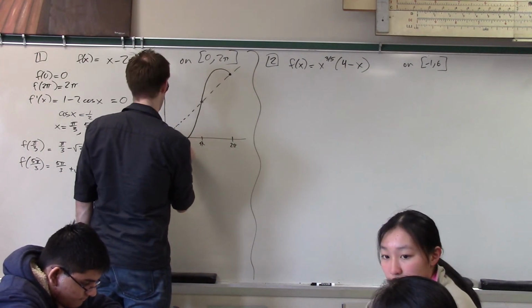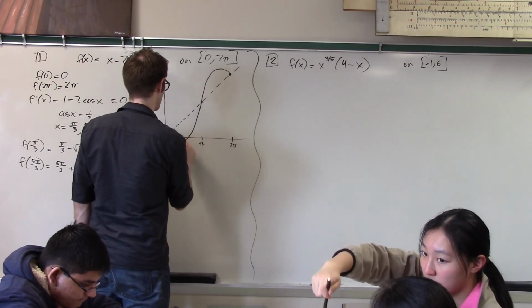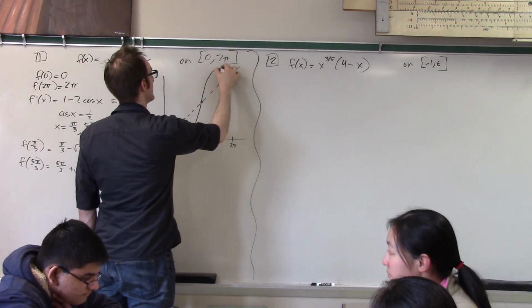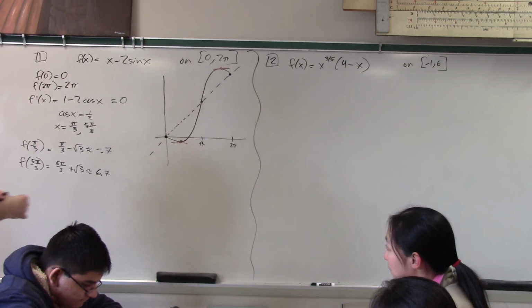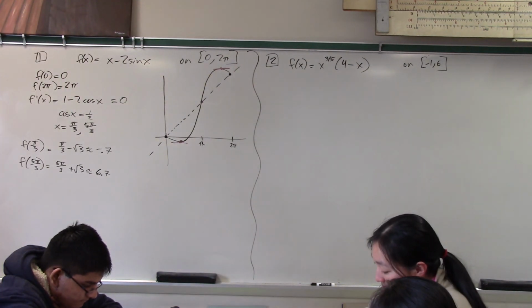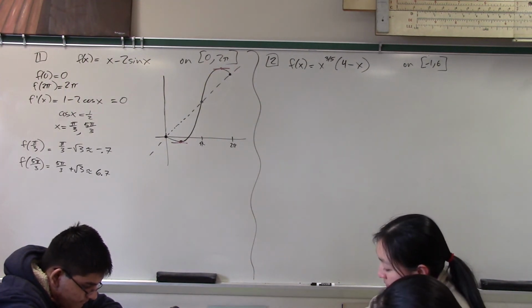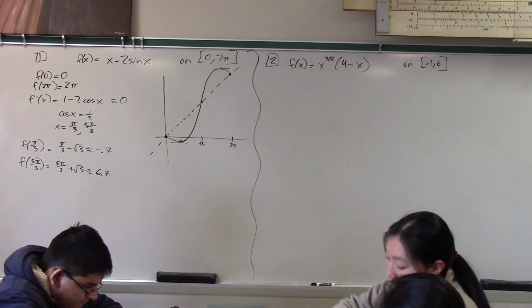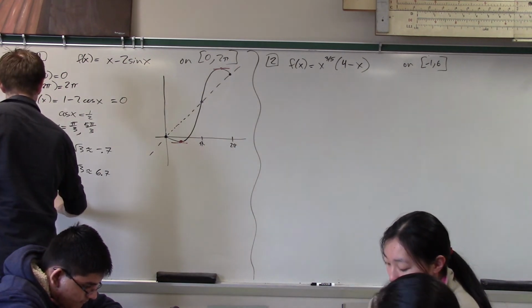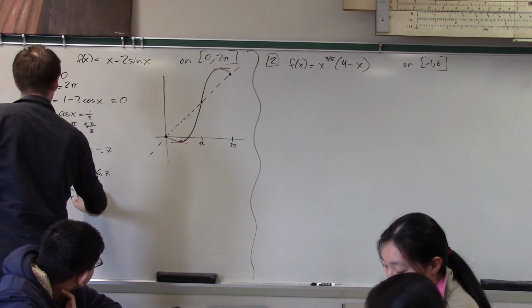So at pi over 3, that's one place the derivative is 0, and 5 pi over 3 is another one. It's going to be bigger than 2 pi for sure. So what is the max? 5 pi over 3 plus root 3.